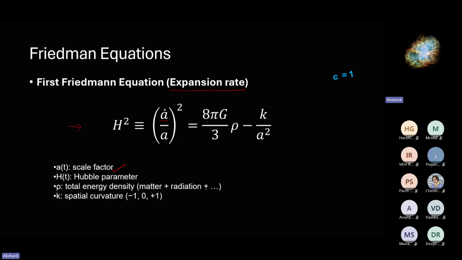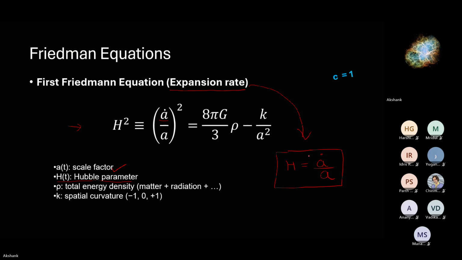Okay. So one important thing is this a dot by a that you see inside the parenthesis is known as the Hubble parameter. So you have H equals a dot by a. This represents how fast the universe is expanding, as I said, the expansion rate.